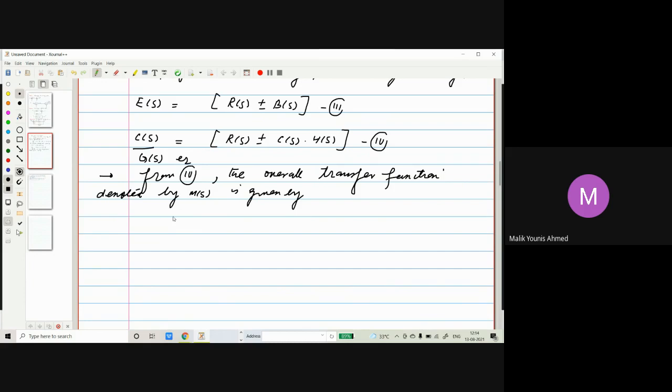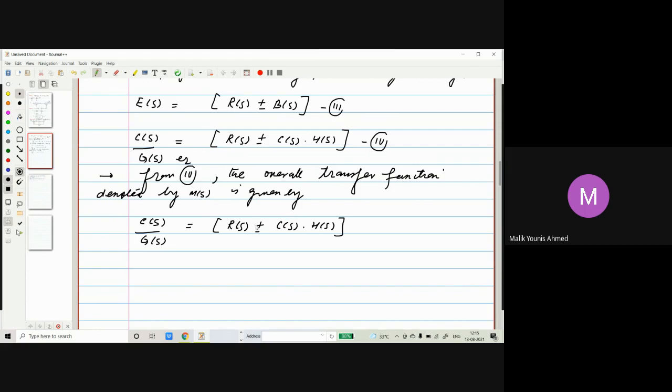So it is given by, let's see how we can do it. So we can write from above equation, C of S by G of S will be equal to, so we'll again repeat it, R of S plus minus C of S into H of S. So this is fine for us.